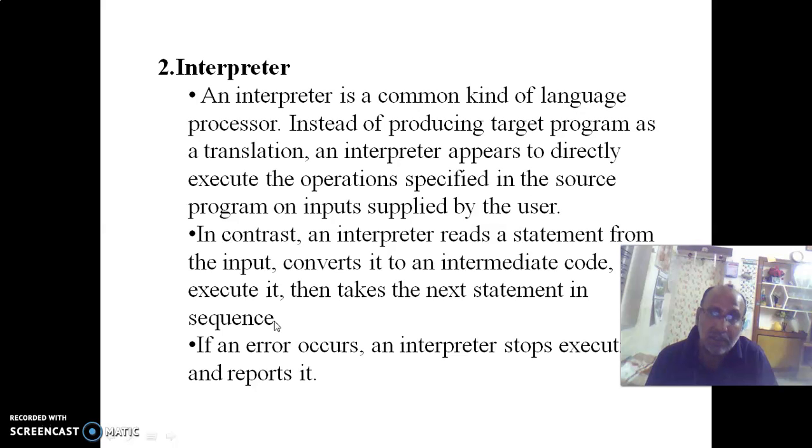That means the interpreter executes in sequential fashion, while the compiler executes the complete code. If an error occurs, an interpreter stops execution and reports it. But in the case of the compiler, it compiles the complete program and after compilation gives all the errors. That is the difference between the compiler and the interpreter.